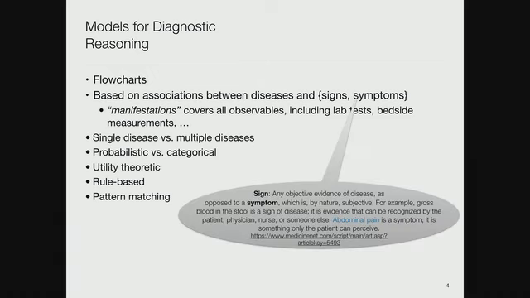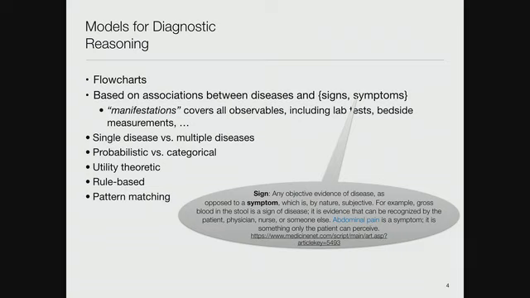signs and symptoms, I've forgotten if we've talked about that in the class. So a sign is something that a doctor sees, and a symptom is something that the patient experiences. So a sign is objective. It's something that can be told outside your body. A symptom is something that you feel.